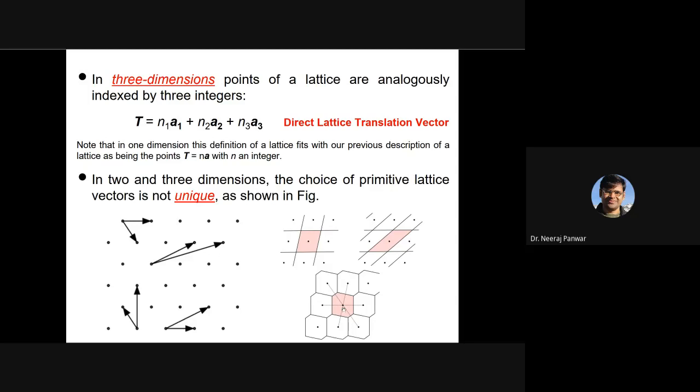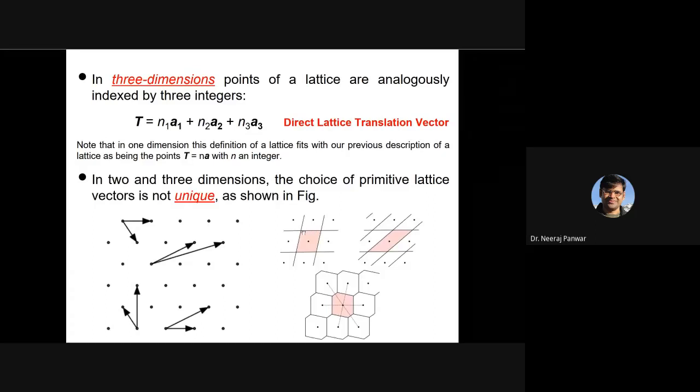But the areas we have chosen, when we repeat them in 2 dimensions from minus infinity to plus infinity, should lead to the complete lattice structure without leaving any void. हिंदी में बता देता हूं, जब ये यूनिट सेल को हम रिपीट करते हैं, तो रिपीट करने से पूरा लैटिस हमारा बन जाना चाहिए, कोई खाली जगह नहीं रहनी चाहिए.